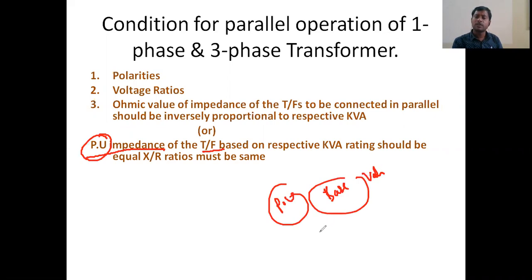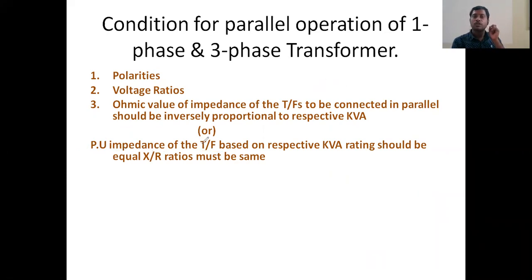Nothing but one transformer is 10 MVA, another transformer is 12 MVA, another transformer is 15 MVA. Like that, different types of MVAs will be there. So we take only one as a base value. By using base values, we need to find the per unit impedance values.